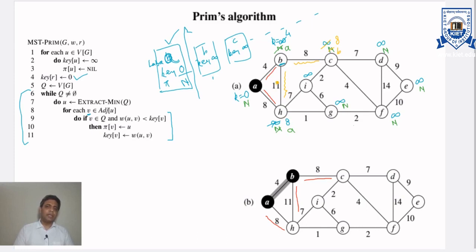If 11 were less than 8, I mean the weight were less than the key value of H, then the key value would be updated. But since it is not so, these values would not be updated. Only the key value and pi value of node C would be updated and not for H.